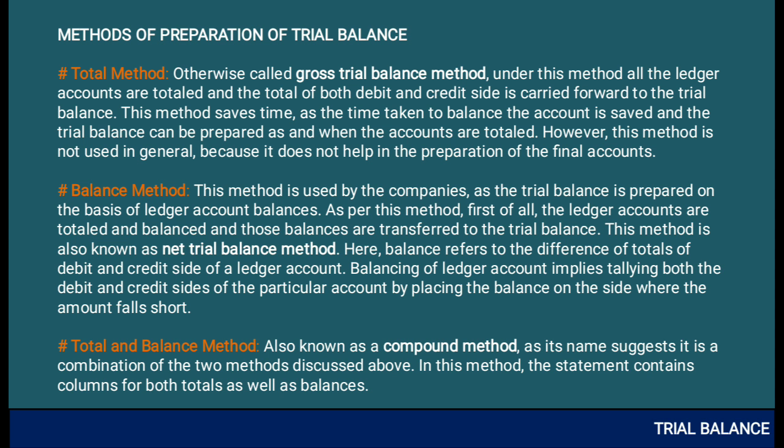We have to note down only the balancing figure of the debit or the credit. If any account has a debit balance, that balance we will transfer to the debit side of the trial balance. If any account has a credit balance, in that case we will transfer that balancing figure to the credit side. Basically, and last we have the total and balance method, which is nothing but the combination of the total and balance methods.